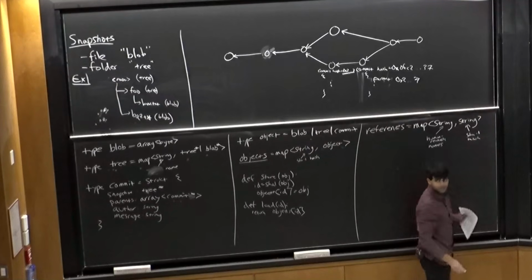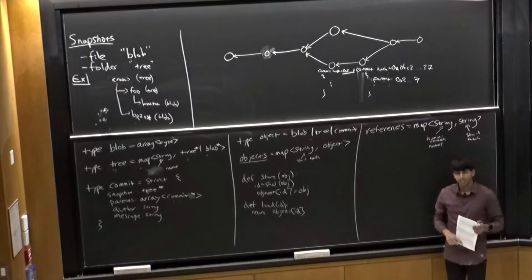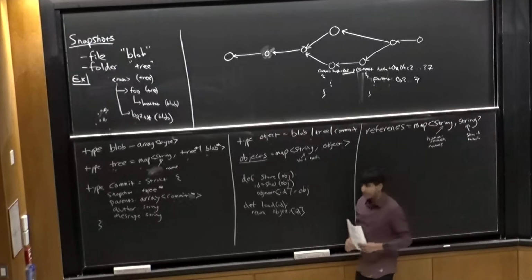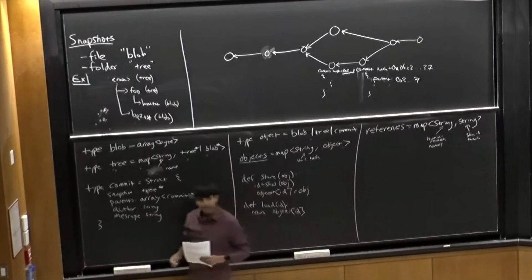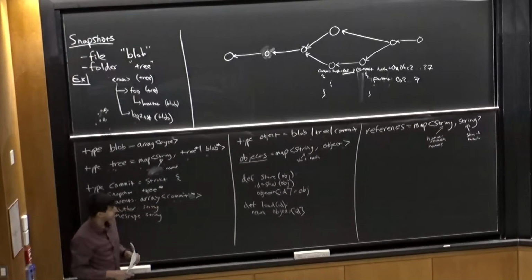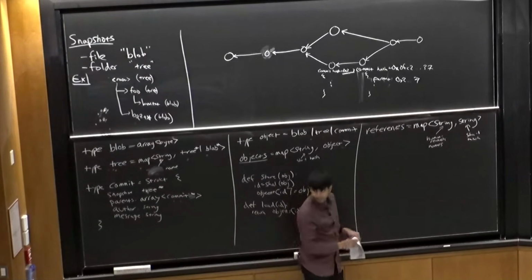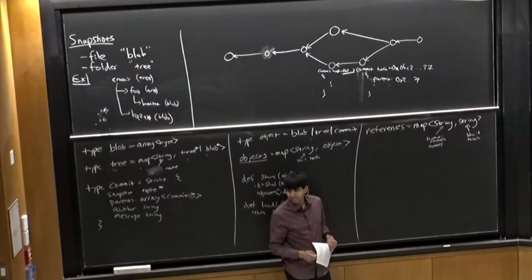So the question is, what's SHA-1? SHA-1 is a hash function. I don't think I can cover in detail today what hash functions are, but you can think of them as mixing up strings into random data, but it's deterministic.